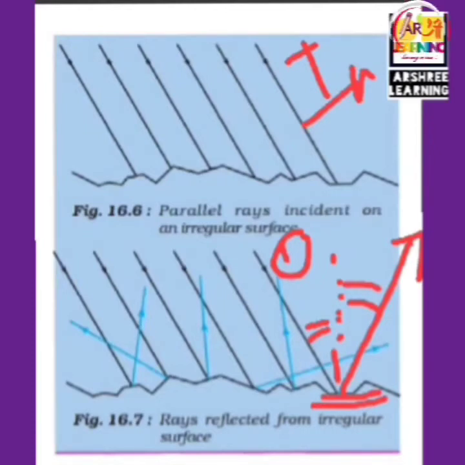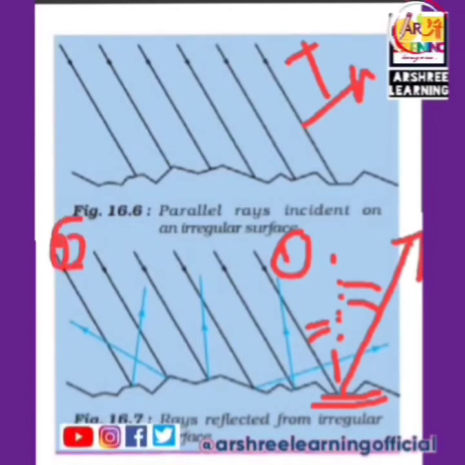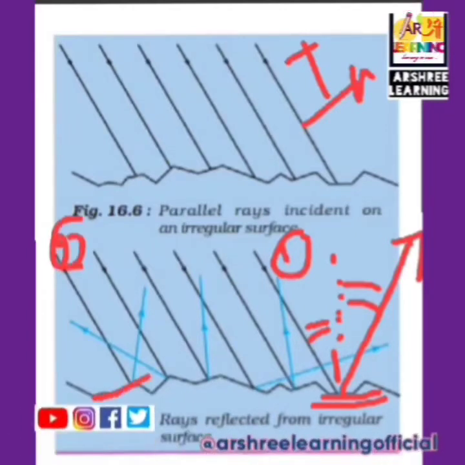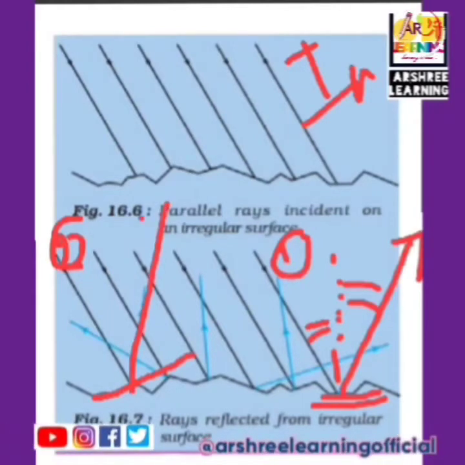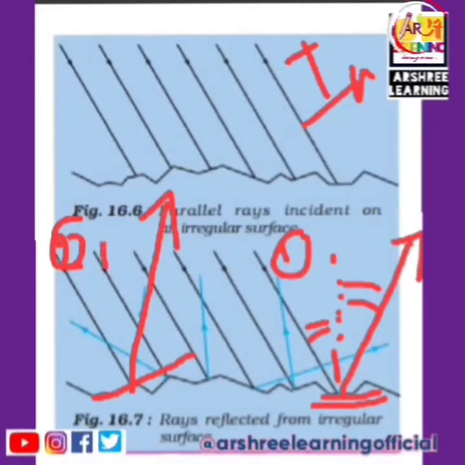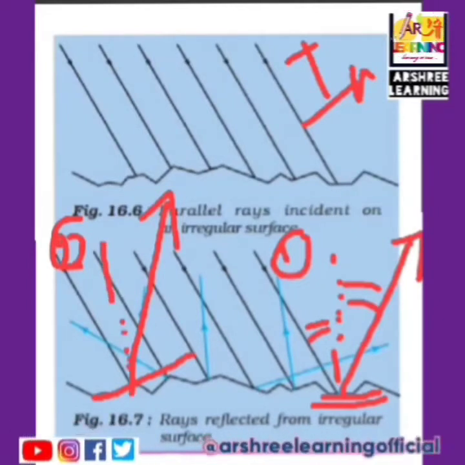If you take the second ray, the ray number 2 which is shown here, then the surface is tilted at an angle. So this ray of light is reflected in this way because the angle of incidence is measured with the help of a normal.